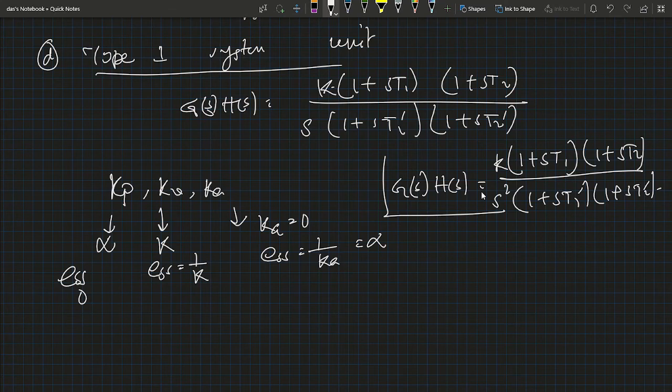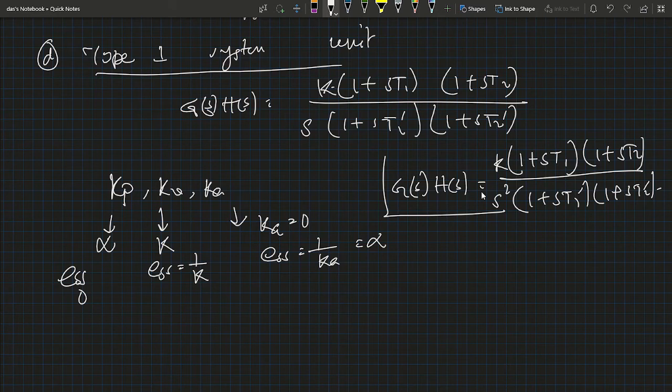So this is an overall, thorough discussion of the types and different error coefficients generated in different orders of control system. That's a very important parameter to measure the performance of the system.